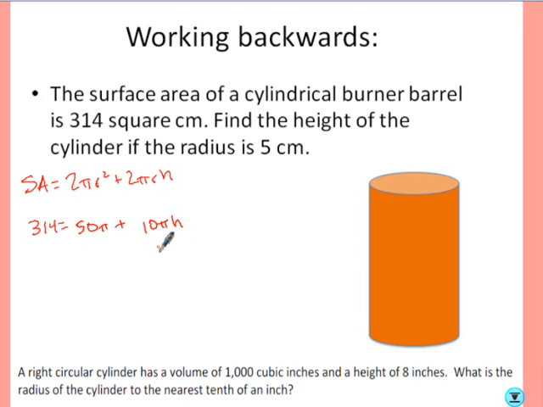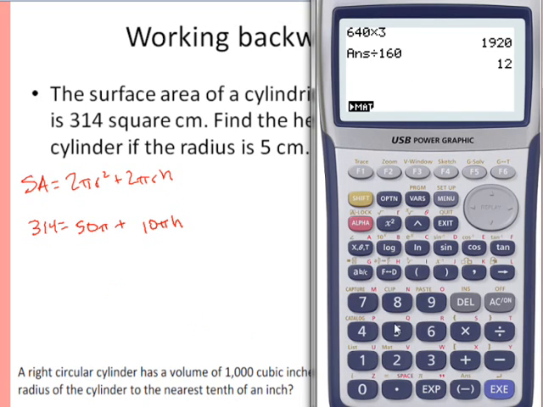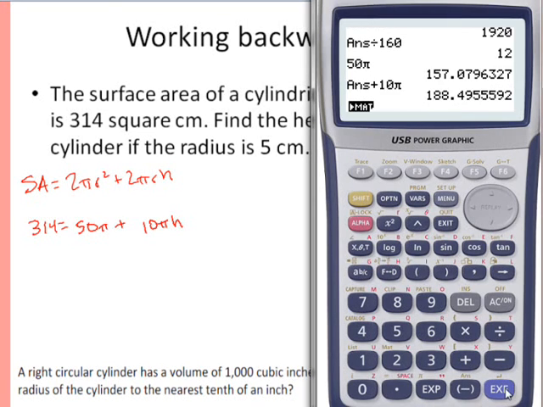Okay, and because this isn't in terms of pi or anything like that, I'm actually going to work with the number pi. So we have 50 times pi is that, plus 10 times pi is that.